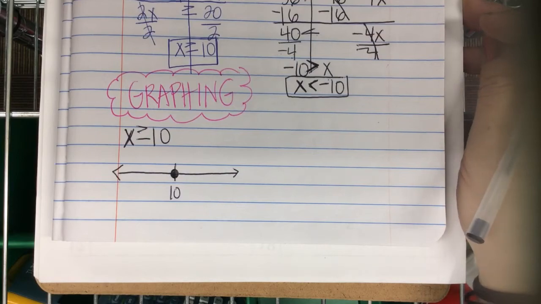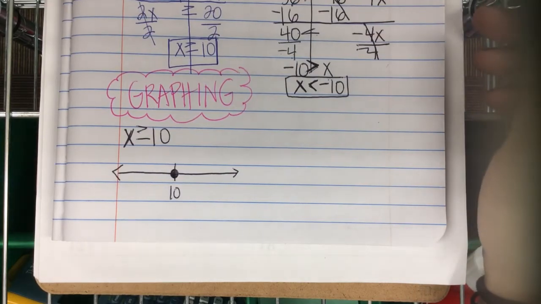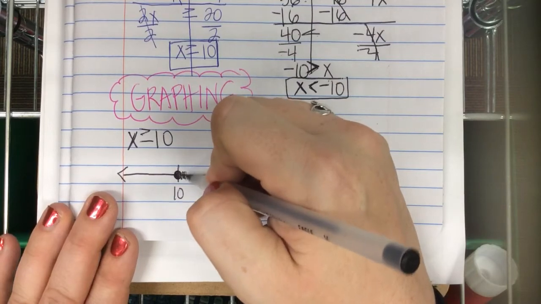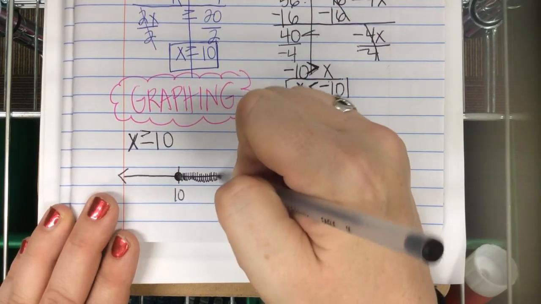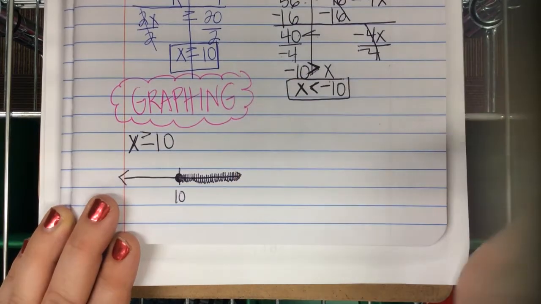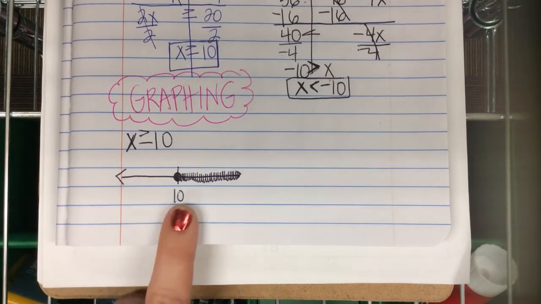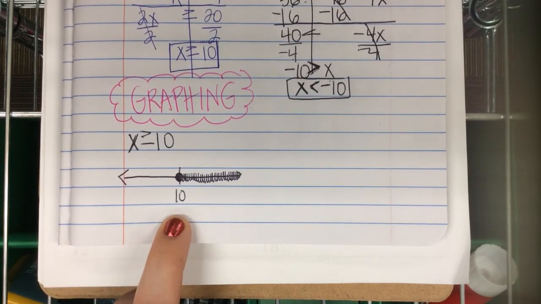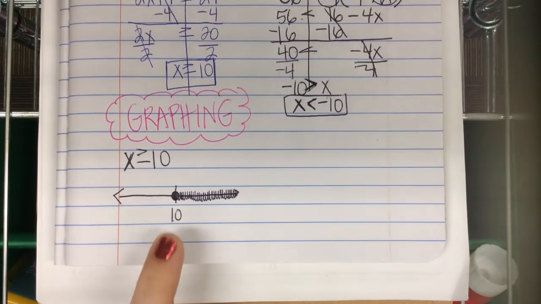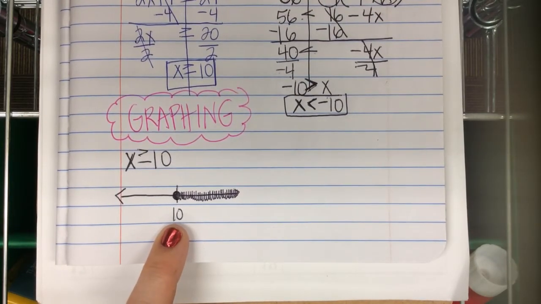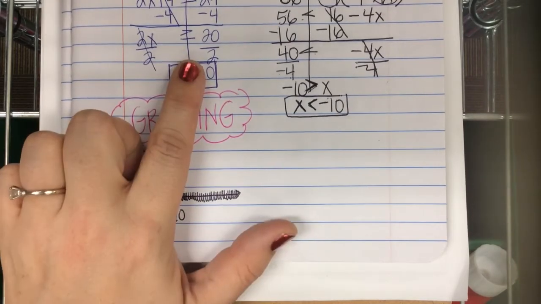Could it be 42? Yes. So I'm going to shade or color in everything above, because every number from 10 and above is a possible answer. We just graphed that below the problem. This is the graph for that inequality. Any number 10 or greater works for this problem.